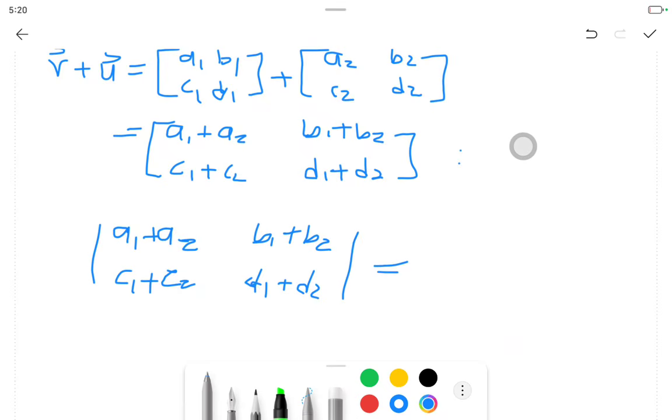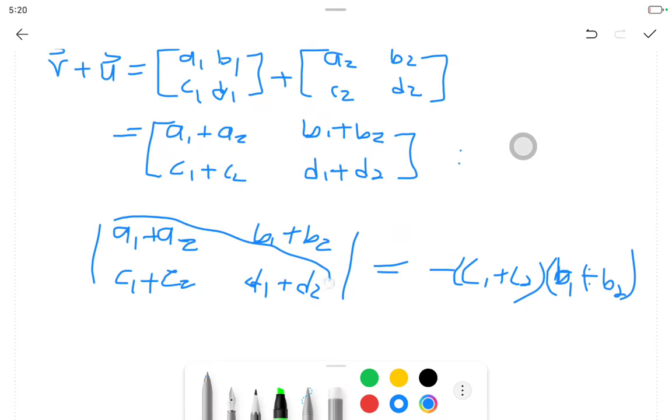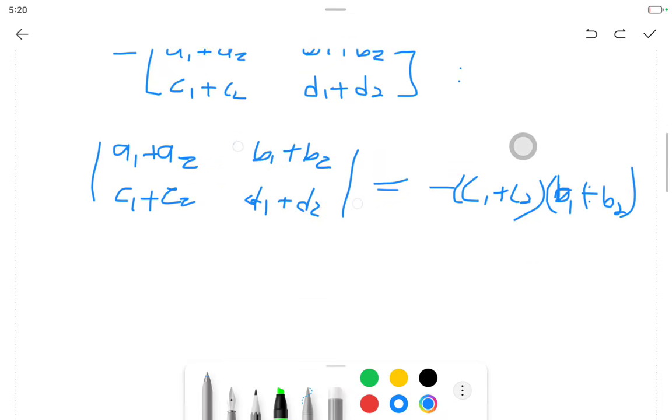And I say that the determinant of this is equal to minus (C1 plus C2) times (B1 plus B2), right? Then this simply means that these two multiplied are giving us 0. You see right now. But the question is, how are you going to find the values of this?